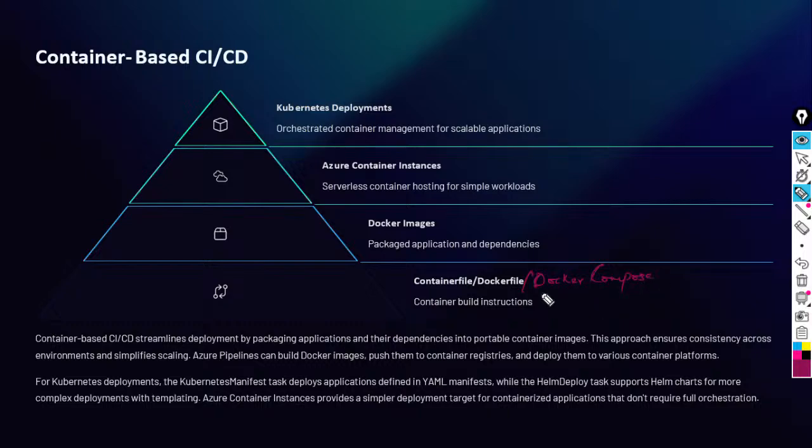Docker compose is a utility or a tool coming from Docker. The container build instructions, you put into that file, Docker compose or Docker file. It will build your image and put it into the container. So therefore, the packaged applications and dependencies. You build the Docker images out of the Docker compose or Docker file.